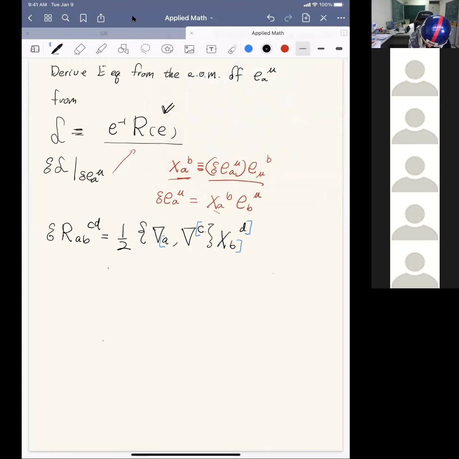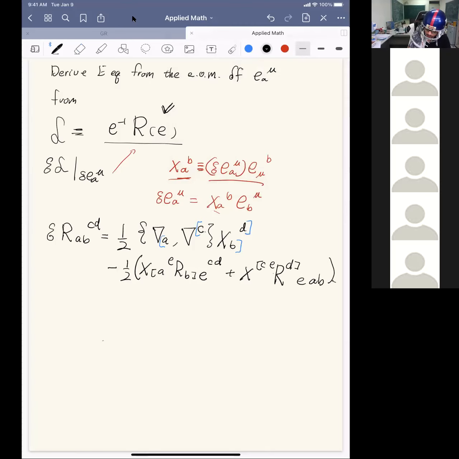And then minus 1/2 X, so this is X A E R B E C D. Sorry, let me just write this out. So this is CD plus X C E R D E A B. Okay, so this is the change of your Riemann tensor.